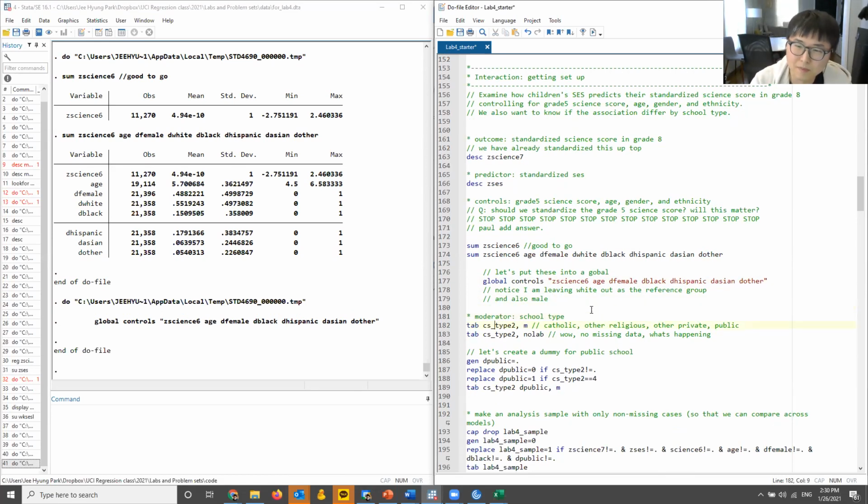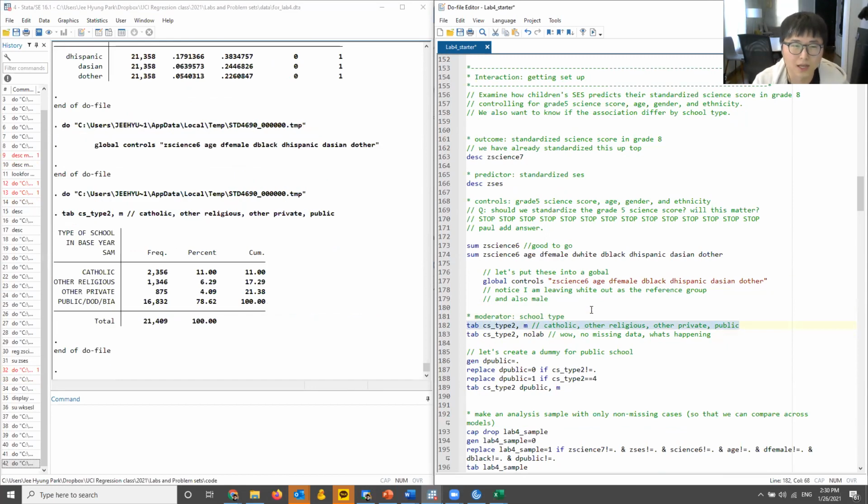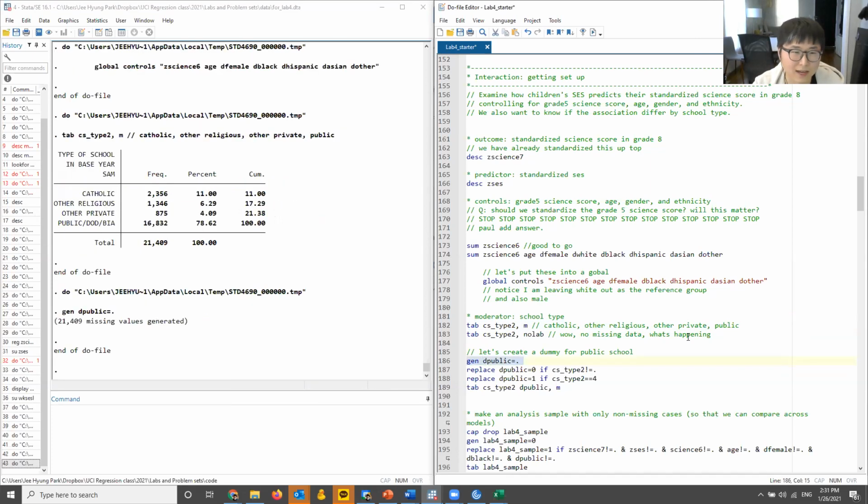Yeah. Now, the variable that we're going to use to define school type is this CS type. It tells you whether it's a Catholic school, other religious school, other private school, and then it's a public school. I don't know what DOD BIA is, but maybe someone does. It's not an acronym, I know. So we're going to create a dummy for public school. Start out with an empty missing data.